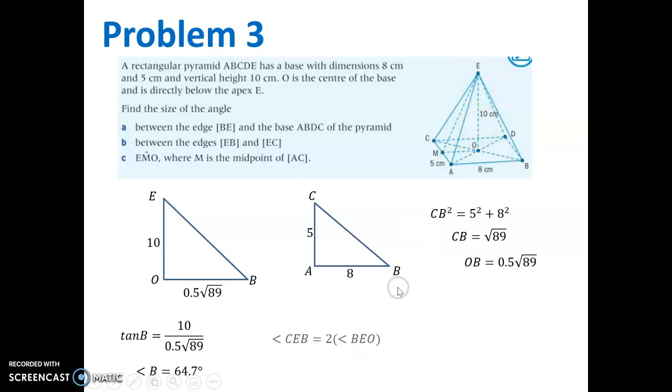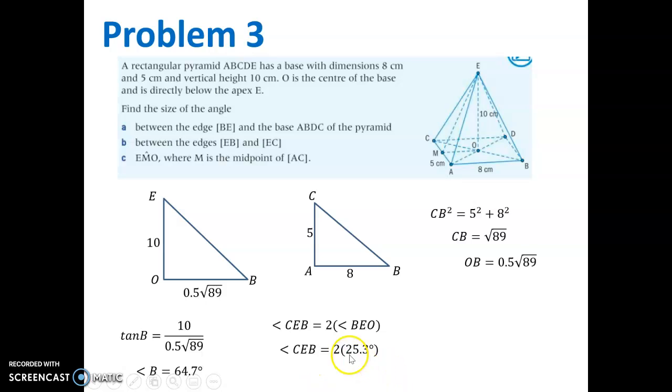Okay, so let's take a look at how I'm going to approach this. CEB, that angle on top, equals 2 times angle BEO. Okay, so CEB, that whole angle there, is twice angle BEO. Try to imagine up there. Read that again and try to imagine what's happening up there. Now, if we can find BEO, we're good to go. And BEO is part of this triangle, the one we've been working with over here. So find angle BEO, which is this corner angle here.